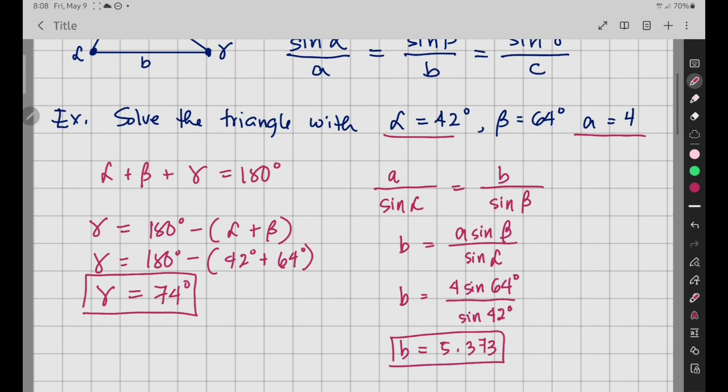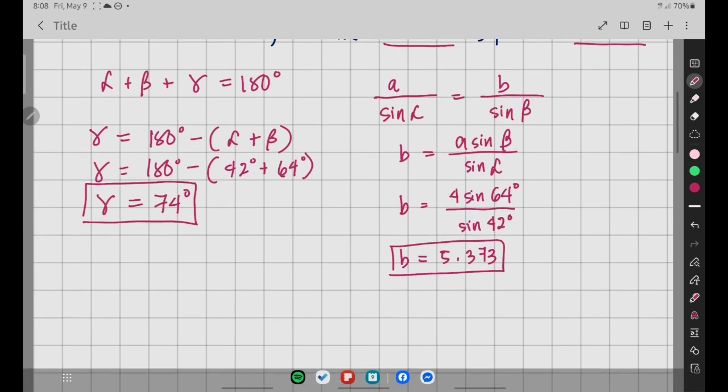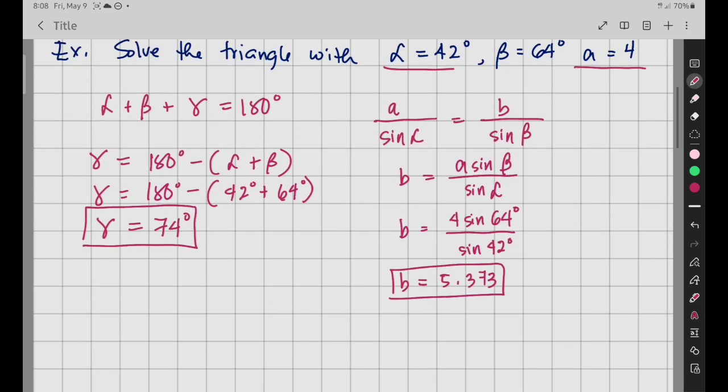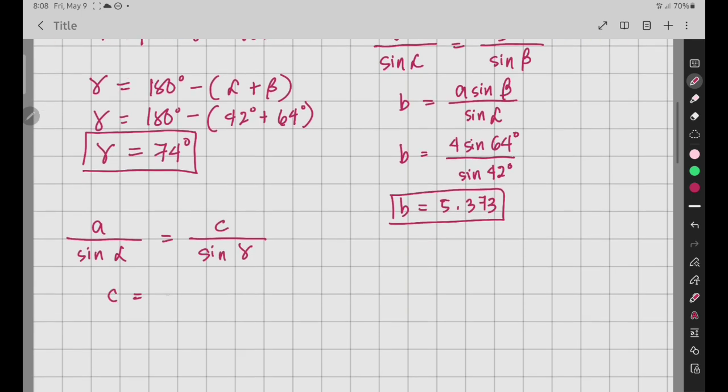Now, next for side C, we will make use of gamma. Still we have A over sine alpha equal to C over sine gamma. So C is equal to A sine gamma over sine alpha.